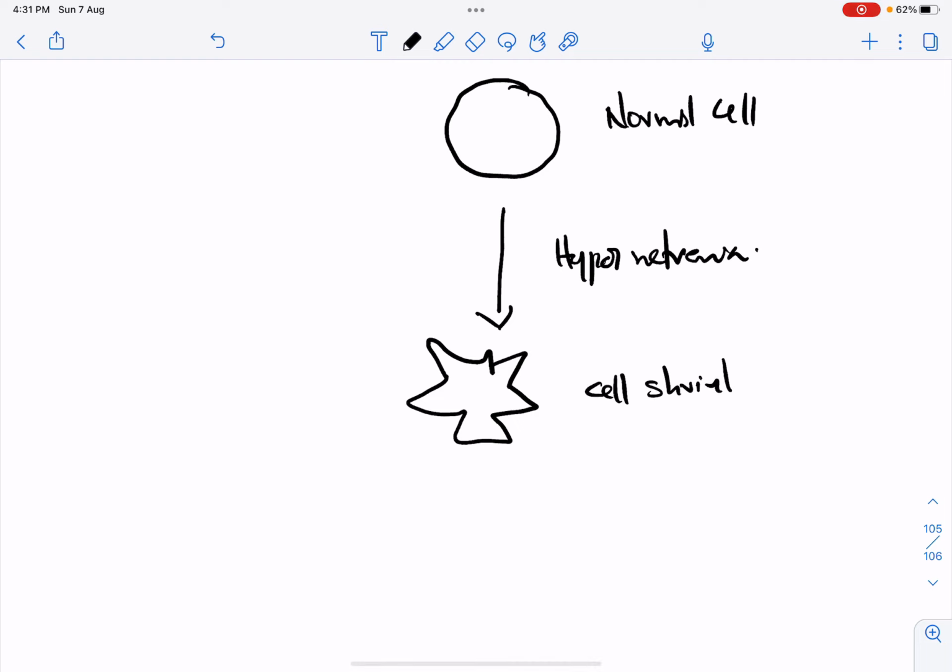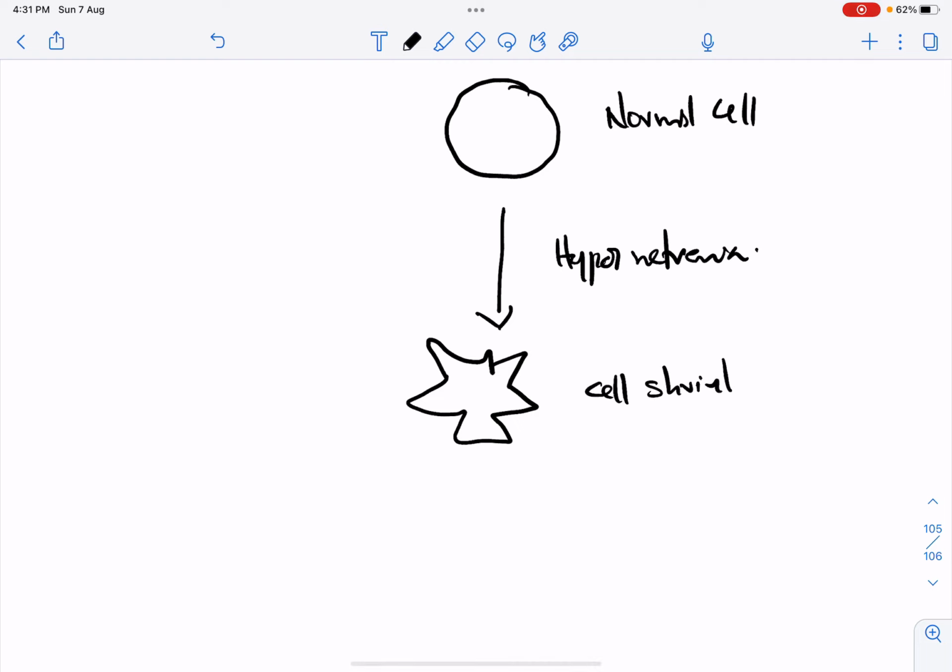So the rate of infusion should be 1.68 liters divided by 24. The rate of infusion will be 0.07 liter per hour, or in other words, 70 ml per hour.